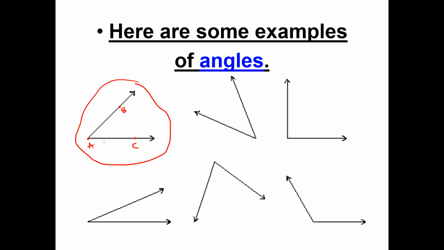Because they share the same endpoint, which is A, they form what we call an angle. Actually, we have another angle, this one here, which we're going to learn about later. These are just some examples of angles.